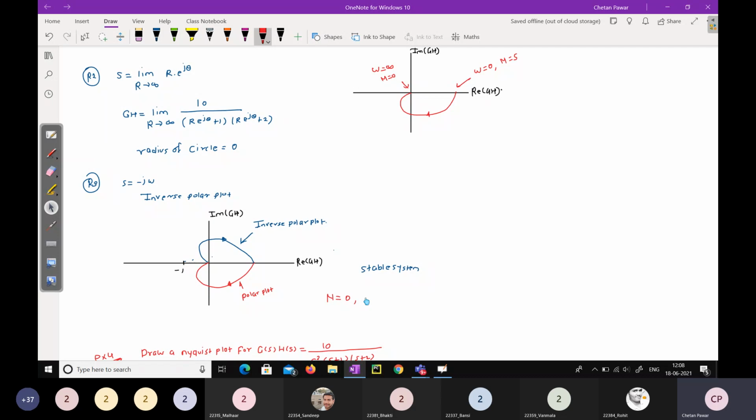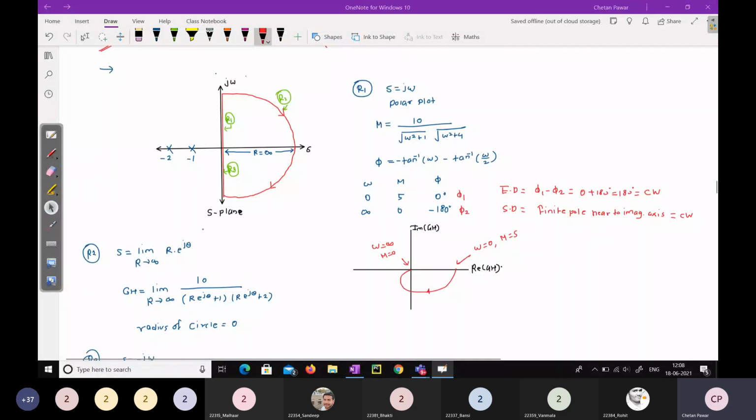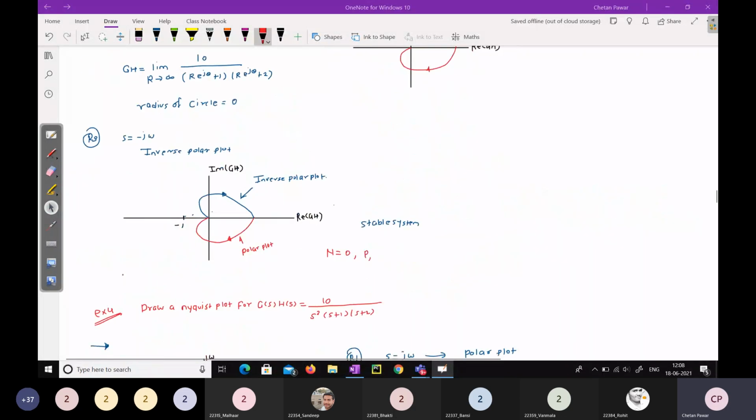And what is the value of P? Number of open loop poles. These are the open loop poles, -1 and -2. Inside the contour, there are no poles. So P will be equal to 0.